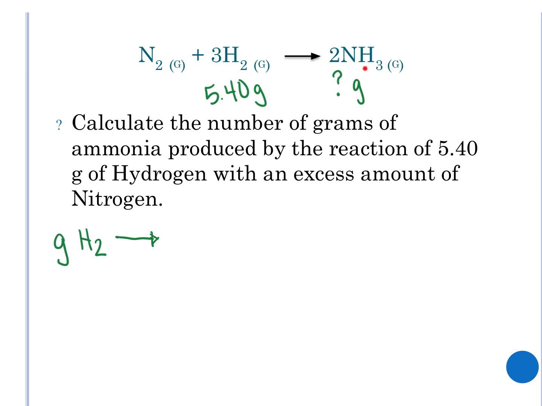Okay, what unit do you have to convert to? Okay. So then we're going to convert to moles of hydrogen. Then we can convert to moles of ammonia. And then finally, what unit does your answer have to be in? Okay, and then we can get to grams of ammonia.